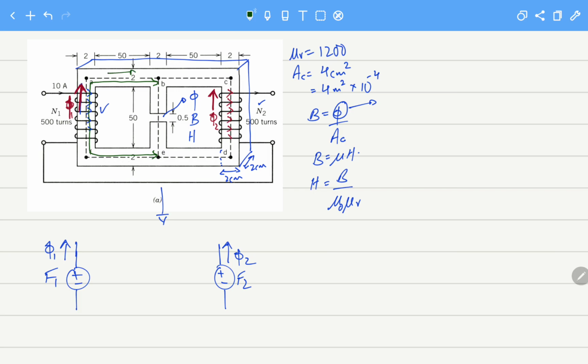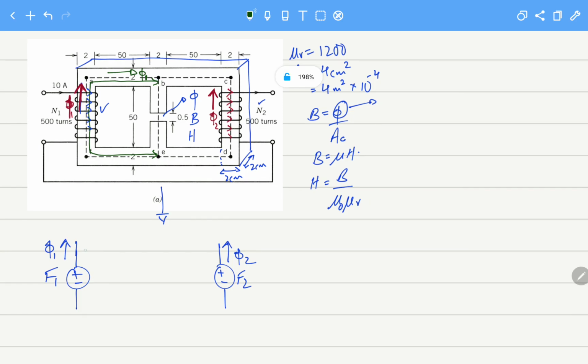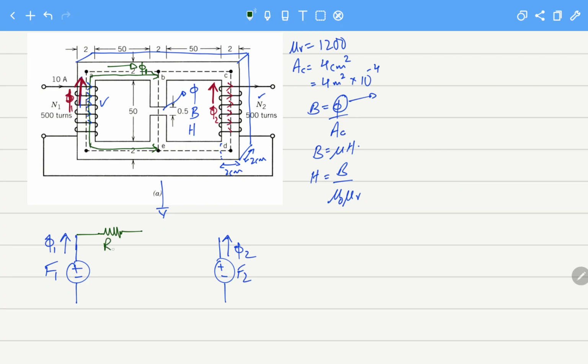For example, from here up to this point there will be flux 1, and after this point there is a node at B, where the flux can be divided. There will be one reluctance that will represent this area which I have marked in green, and we can call this reluctance of the core BAFE. This is how the book is using it. So from point B to A to F to E, BAFE.